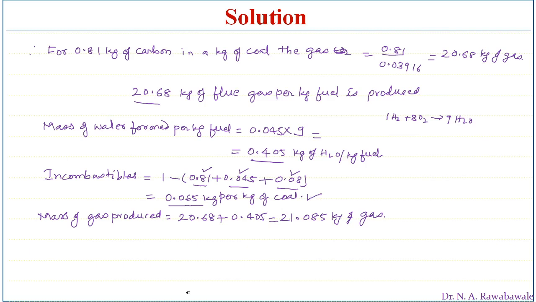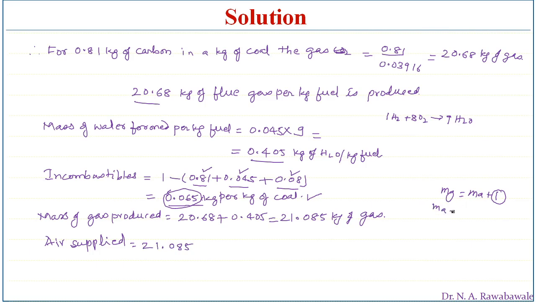So here for the air supplied, the mass of gas is equal to the mass of air plus 1 kg of fuel, and this 1 kg of fuel is less by 0.065 kg, because this 0.065 is incombustible and is not going to burn. The mass of gas is 21.085 kg, and we want to find the mass of air.